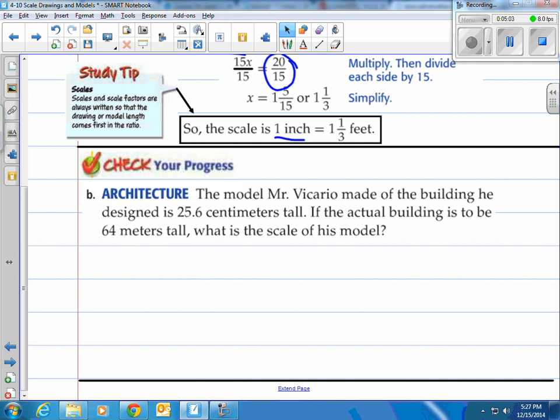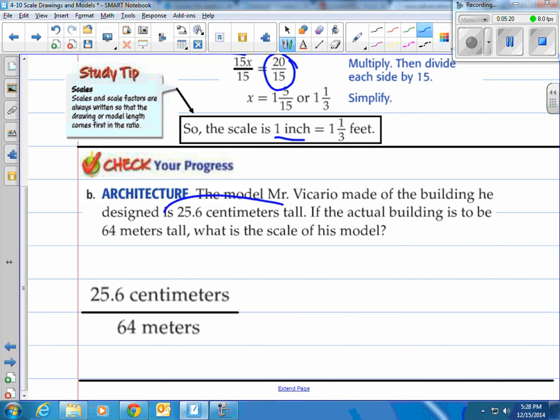It says the model Mr. Vicario made of the building he designed is 25.6 centimeters tall. If the actual building is to be 64 meters tall, what is the scale of his model? Well, step one, take the two pieces of information and create your ratio there. 25.6 centimeters to 64 meters.